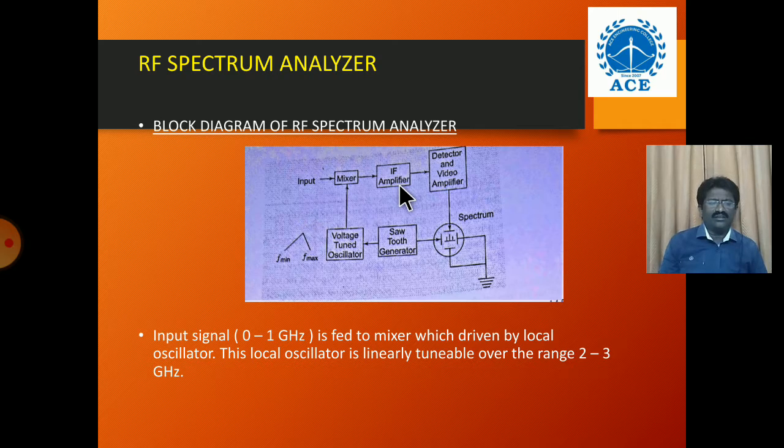It is received and produces a vertical deflection on the spectrum analyzer.